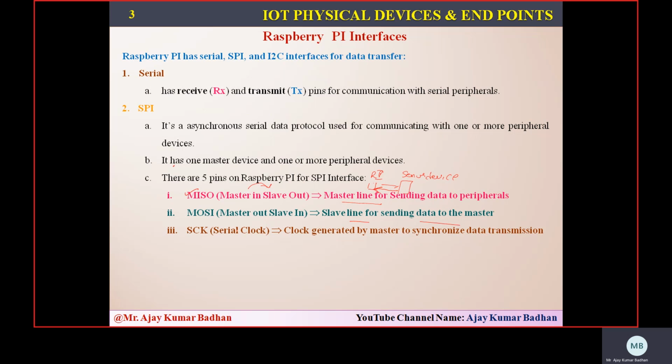Then we have SCK. As I told you, it is nothing but a serial clock, which we use for providing synchronization. What we said here is that this uses asynchronous serial data communication. But whenever we are transmitting data from sensor to device, let us suppose client to server, whatever data is getting transmitted should not collide with each other.